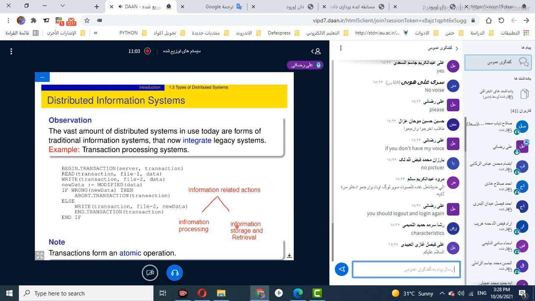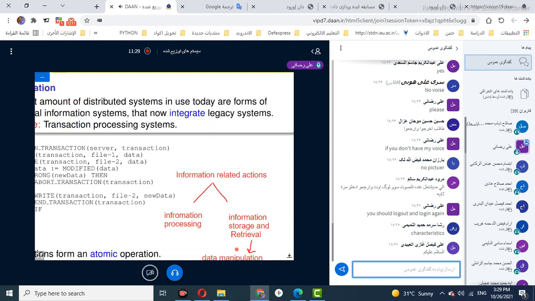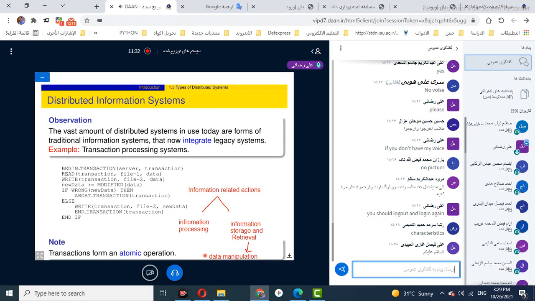Working with information is sometimes called data manipulation. For example, you may want to update data, read data, delete, or add. As I told you before, we have four basic commands for data manipulation.